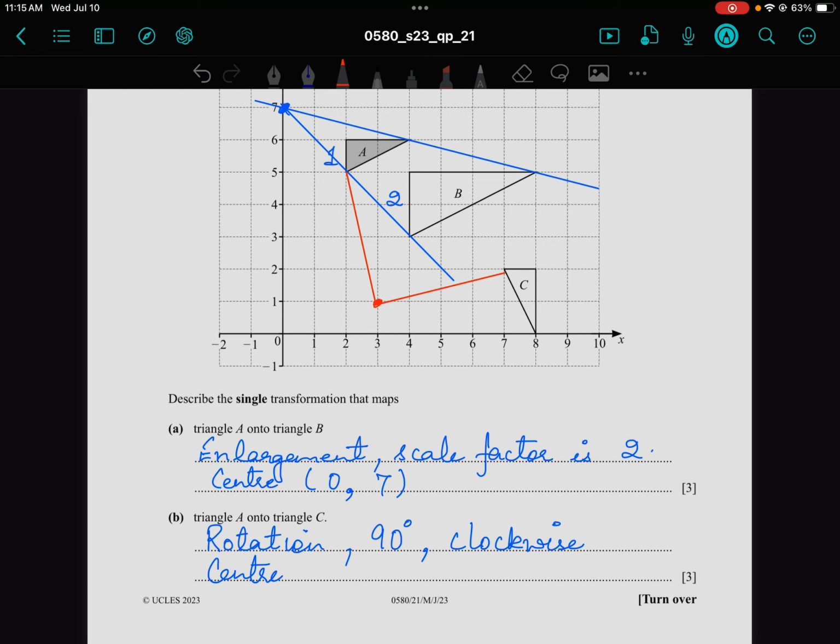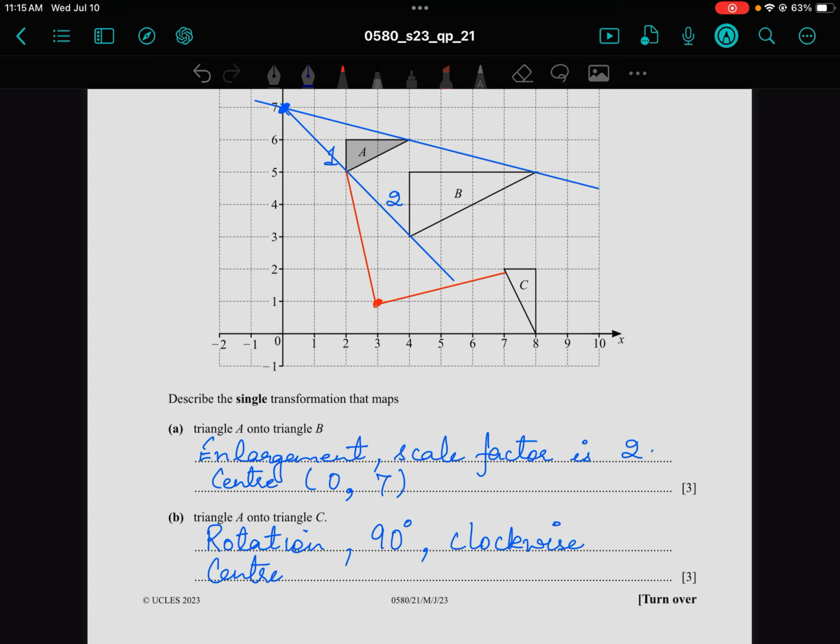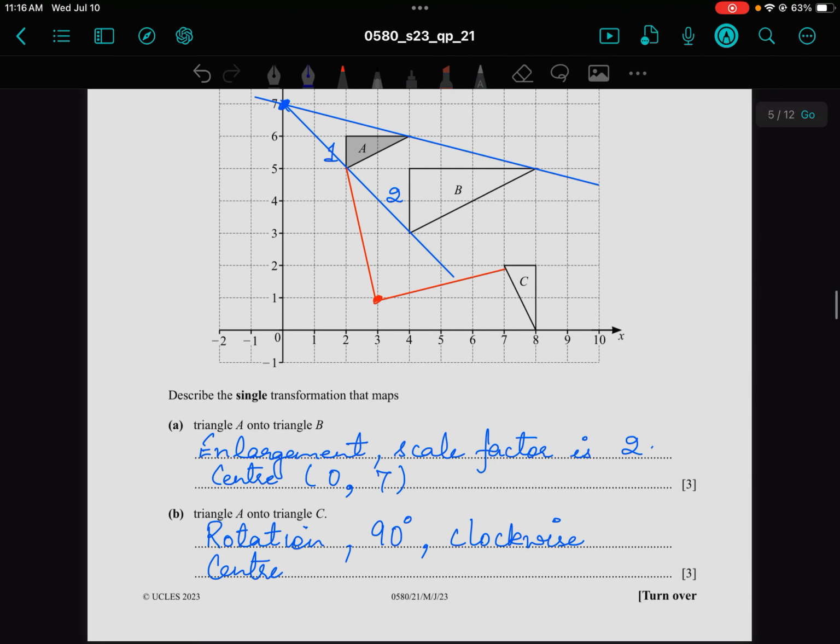Now when I'm taking this point, you can see this point is same as this point, both the diagonals.